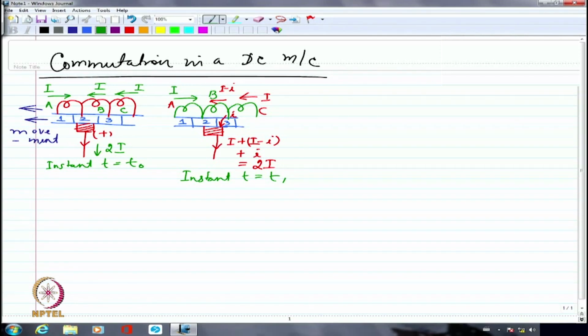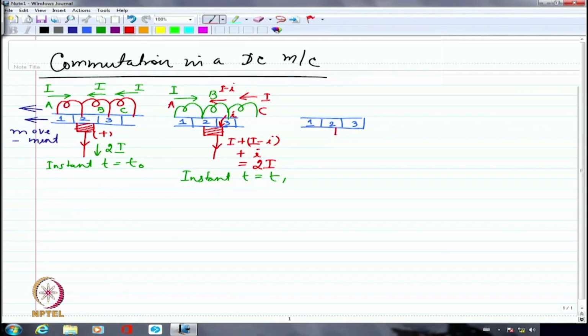Instead, in the third situation, again let me look at the commutator segments. This is 1, this is 2, this is 3, and I'm going to have the brush making a smaller contact with 2 and a larger contact with 3.